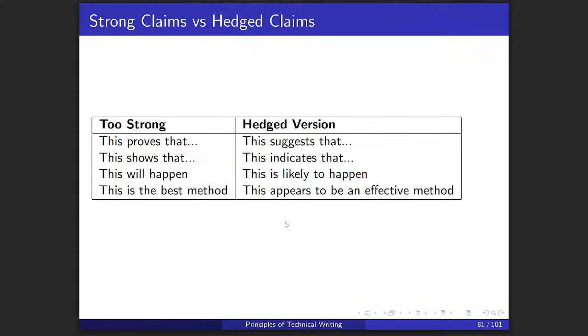If you see here, instead of using 'this proves', which is too strong, you use the hedged version, 'this suggests that', with the same meaning.